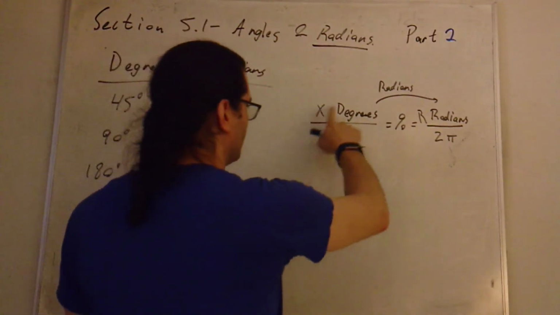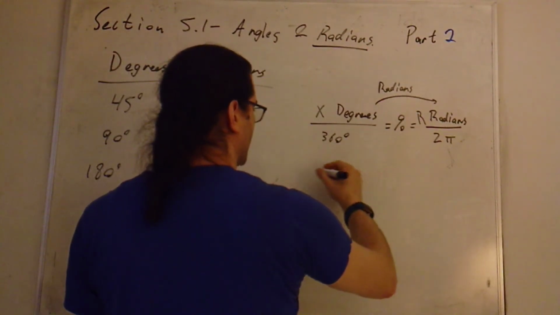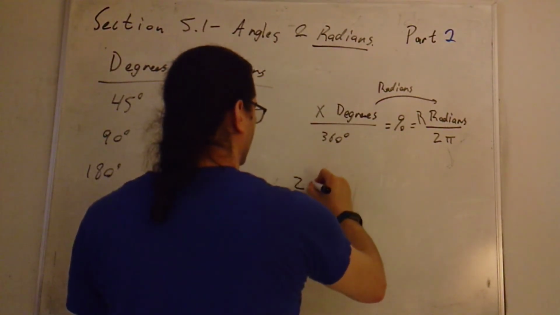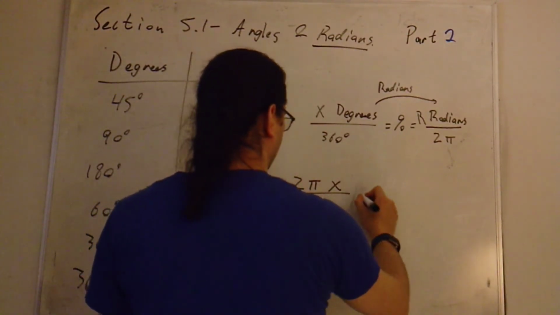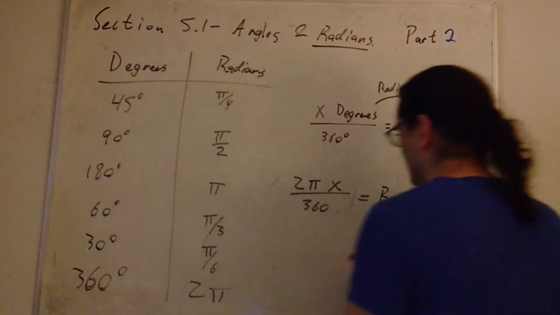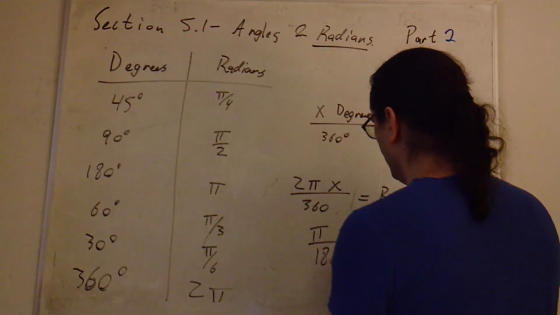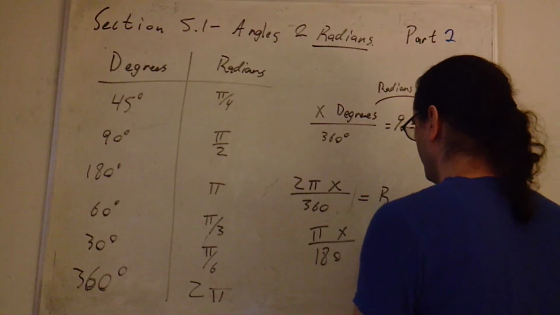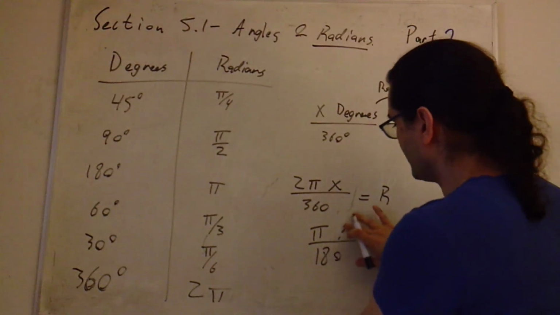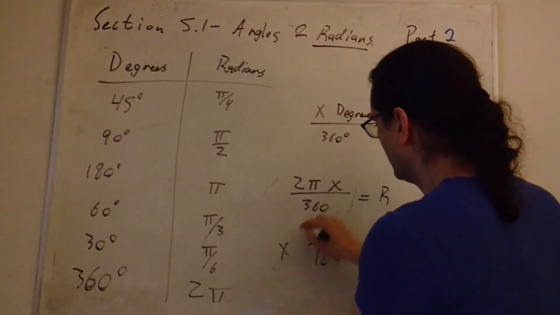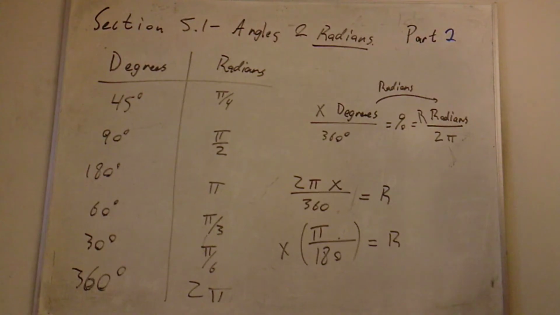So if you wanted to solve this for radians, you would multiply both sides of the equation by 2 pi. That would give you 2 pi x over 360 equals r, which simplifies into pi x over 180. You cancel the 2 out of the top and bottom. So if you take this x degrees and multiply it by pi over 180, that will give you radians.